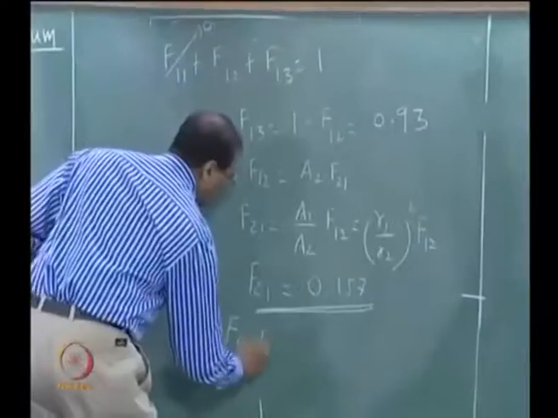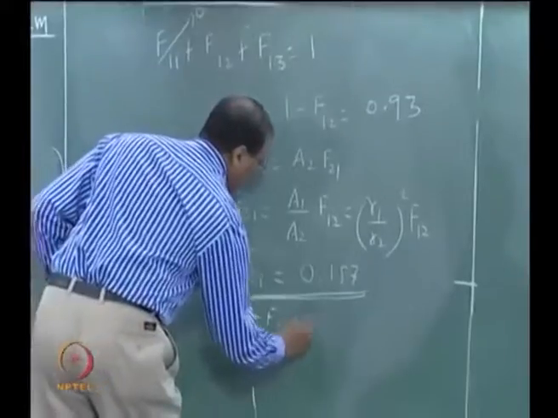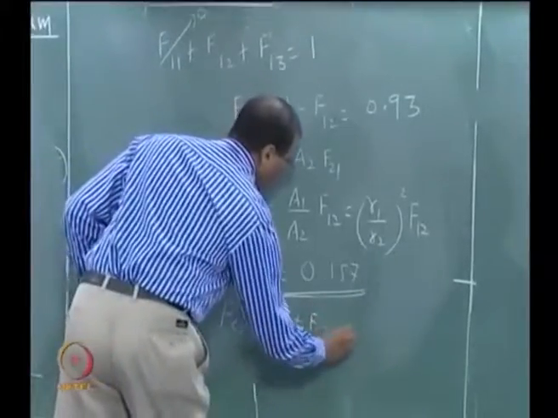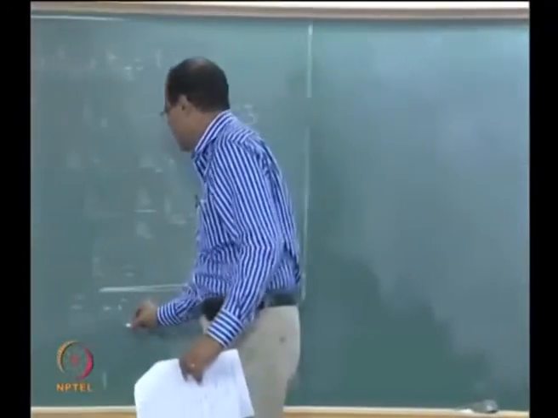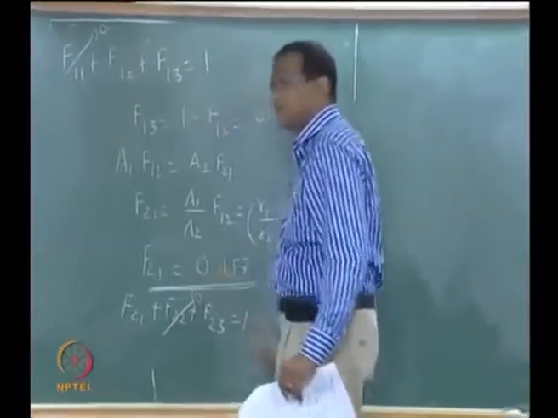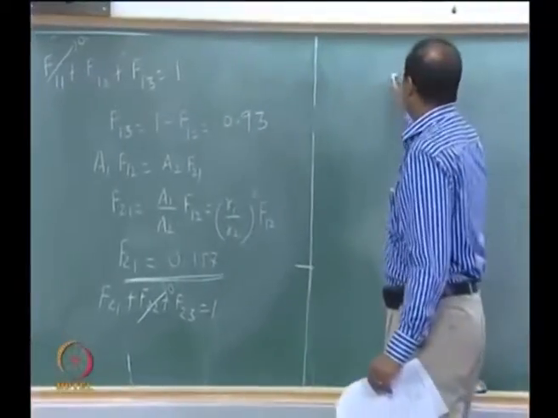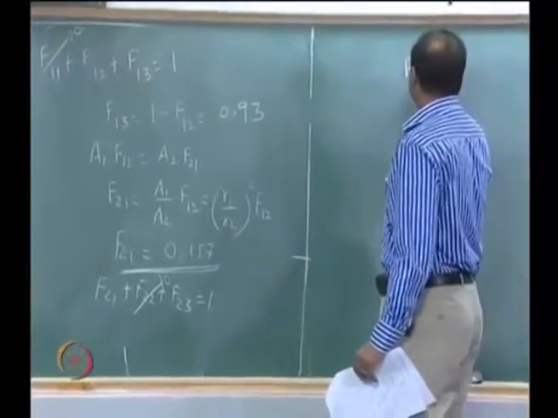F21 plus F22 plus F23 equals 1. F22 equal to 0, therefore F23 is found.